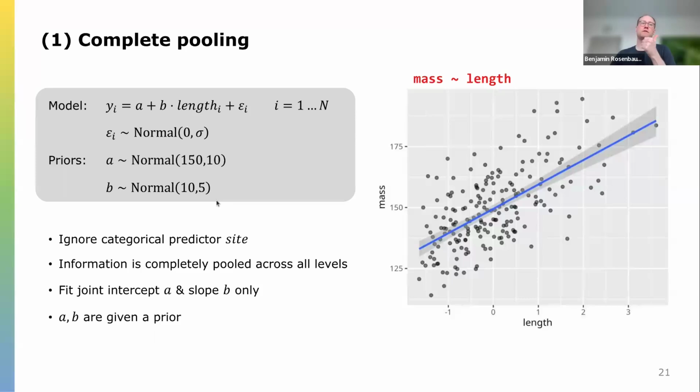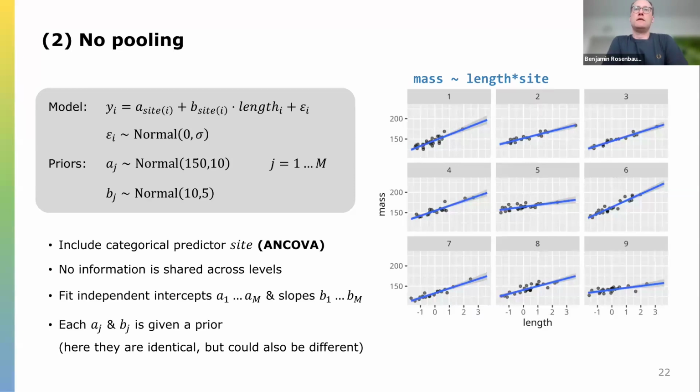So we just fit one slope and one intercept, and this is classical linear regression, or we would also call it complete pooling in this framework. However, we would be overly confident about the actual strength of this intercept because we would wrongly assume that all of these observations are independent.